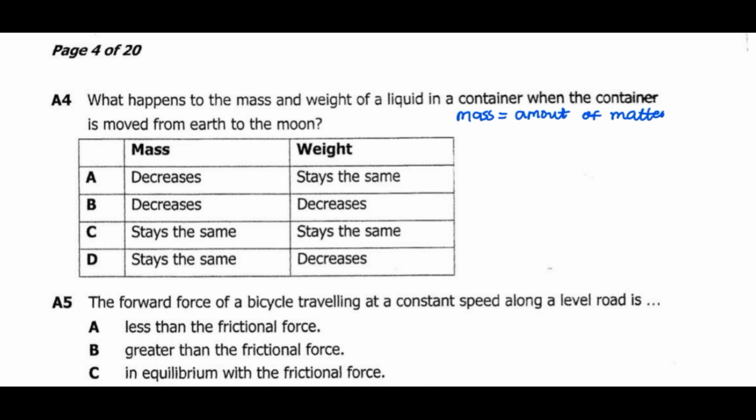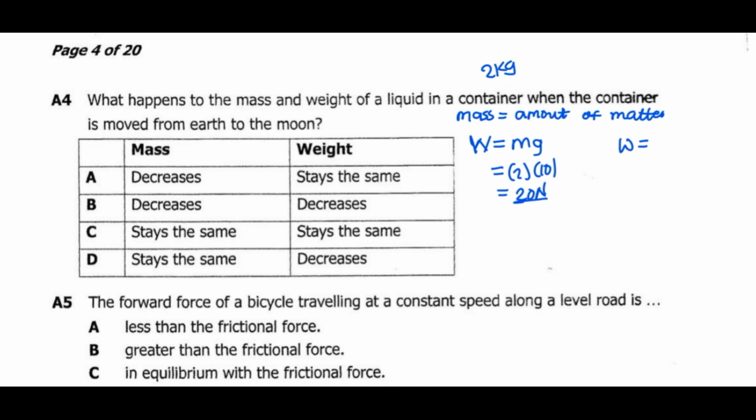So here we need to look at C or D, because we know that the mass stays the same. Now what of the weight? If we look at the weight on Earth, if for instance the mass was measured as 2 kg, then we put our 2 kg times 10, and we are getting 20 newtons on Earth.